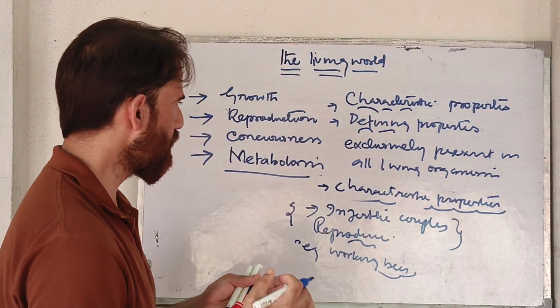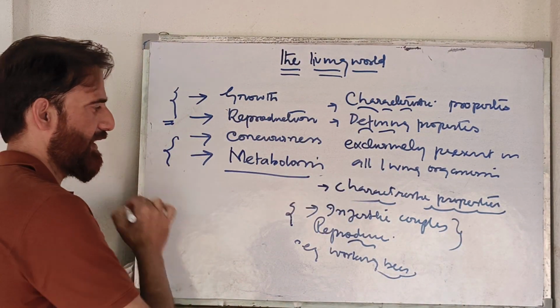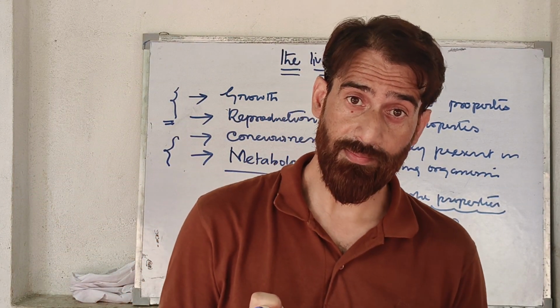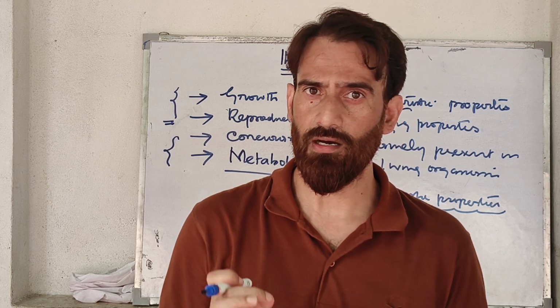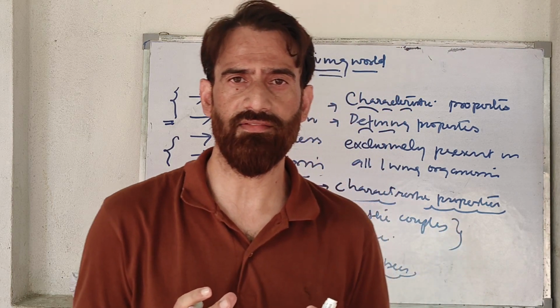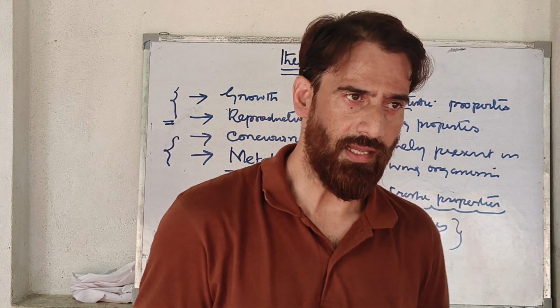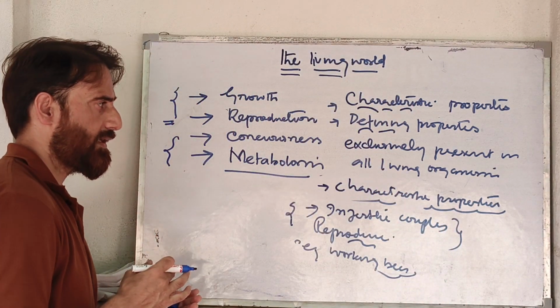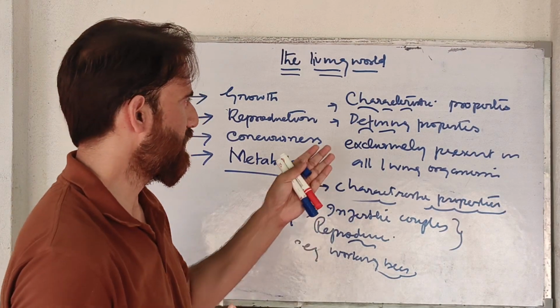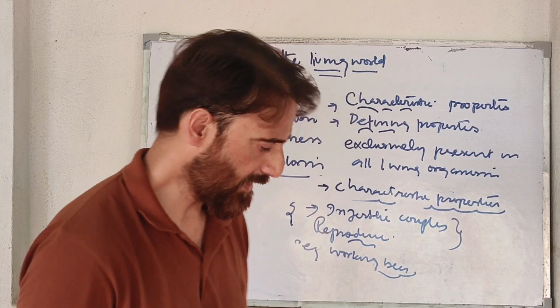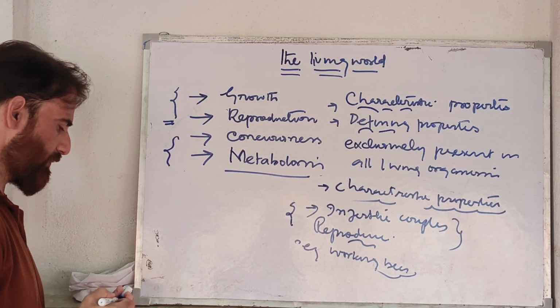But if we talk about these two, consciousness and metabolism, they are defining properties. That means there is no exception. They are exclusively present in all the living organisms. They cannot be found in the non-living entities. Hope you got the definitions of characteristic and defining properties.